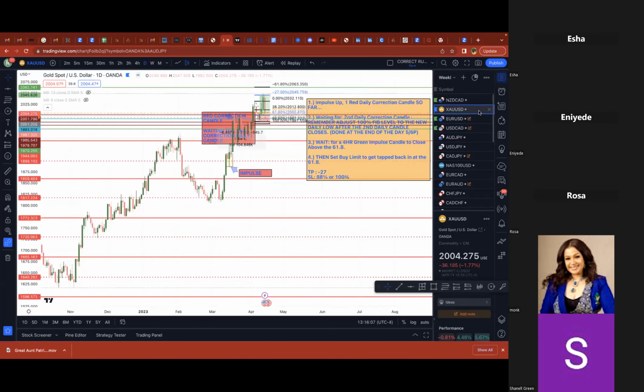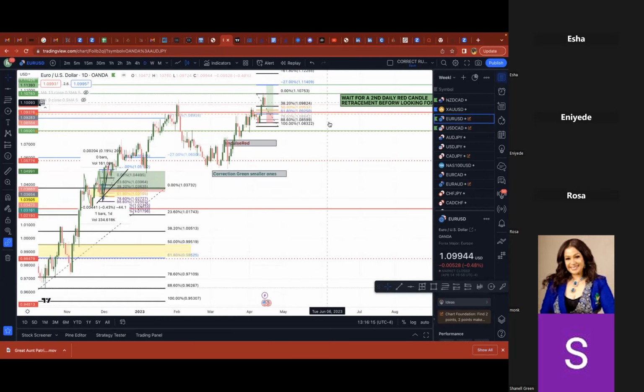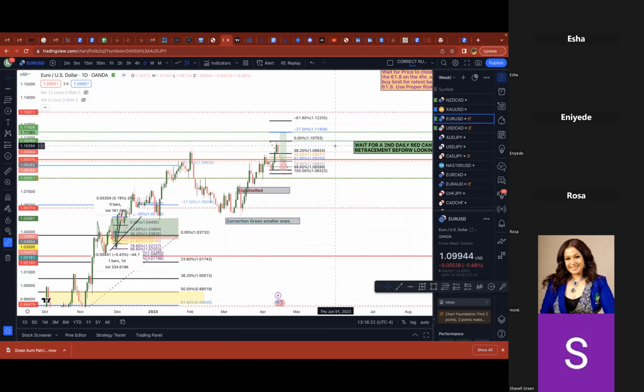We're going to watch gold and see what happens, but for right now, EU and UC, and there's another one I'm going to post in the trade ideas. That's almost ready, it's like a wild pair.